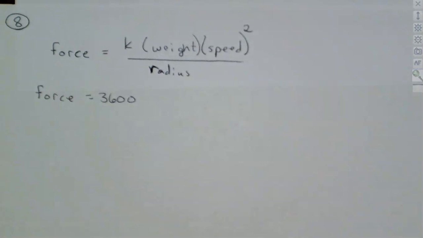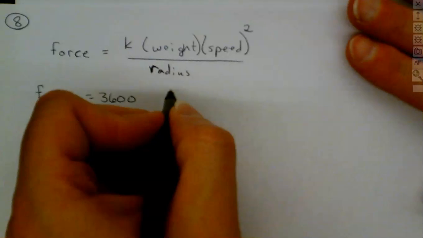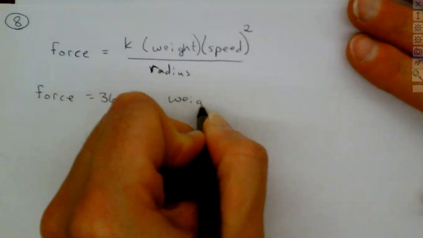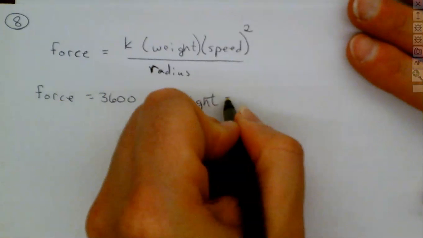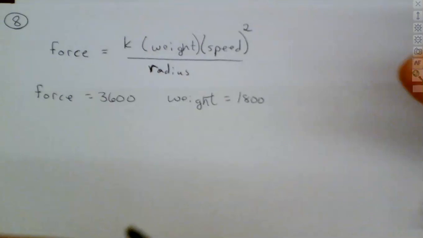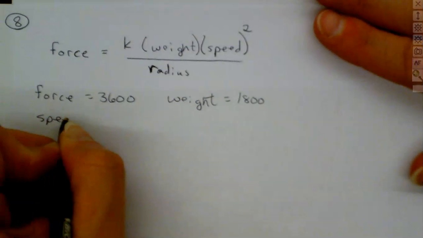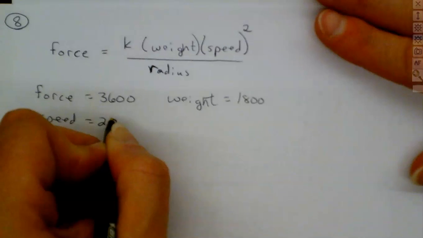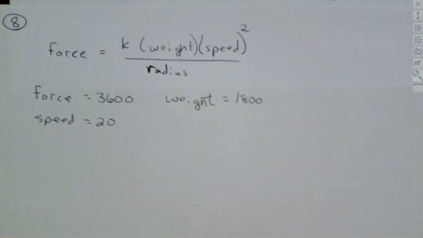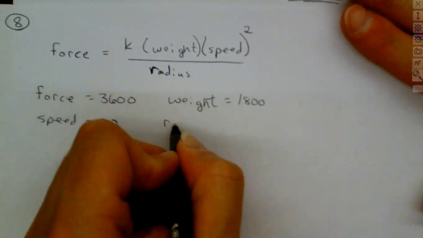So that's your force. The car weighs 1,800 pounds. It's traveling at only 20 miles an hour. And it has a radius of 600 feet.